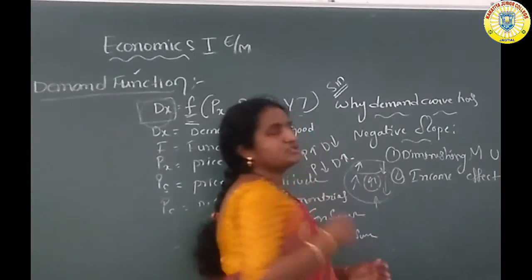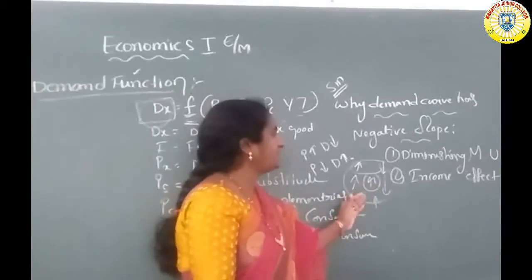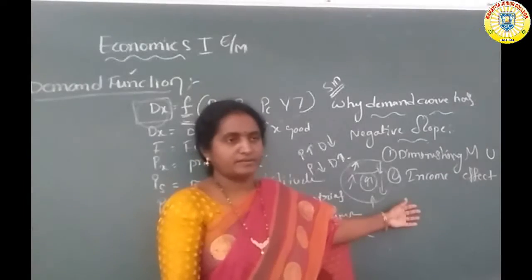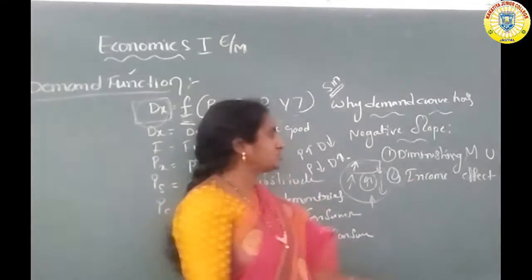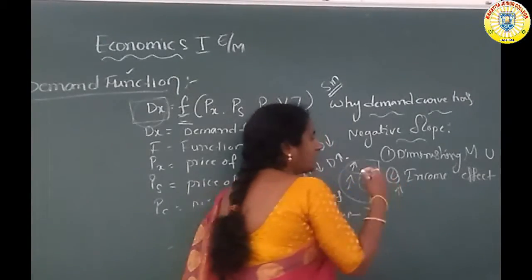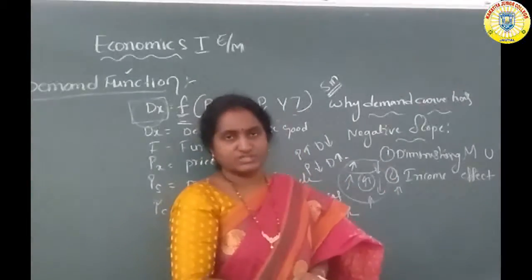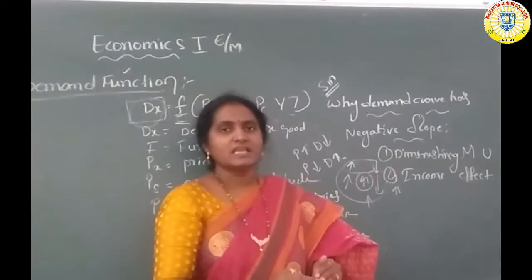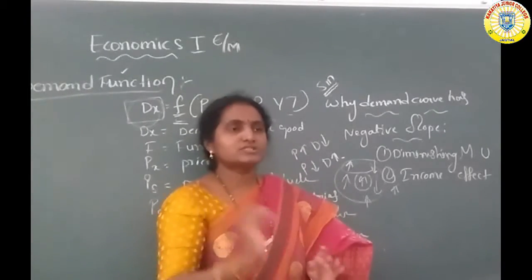Income effect means you know very well what is the relation between the income of the consumer and the quantity of demand. When the income level of the consumer increases, the consumer purchases more goods. When the income of the consumer decreases, he is forced to buy fewer goods.